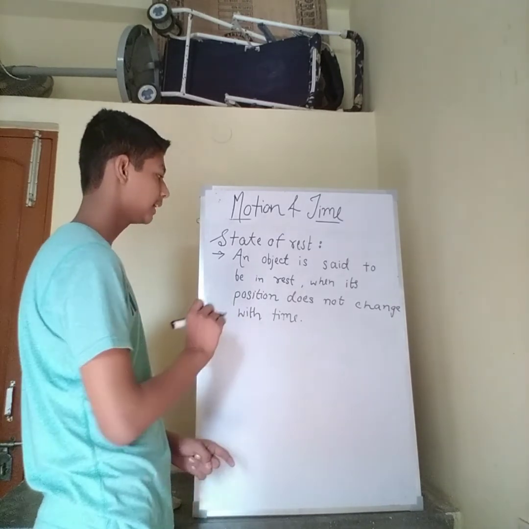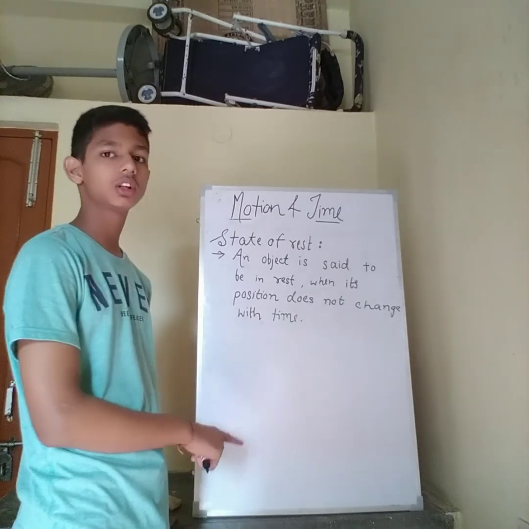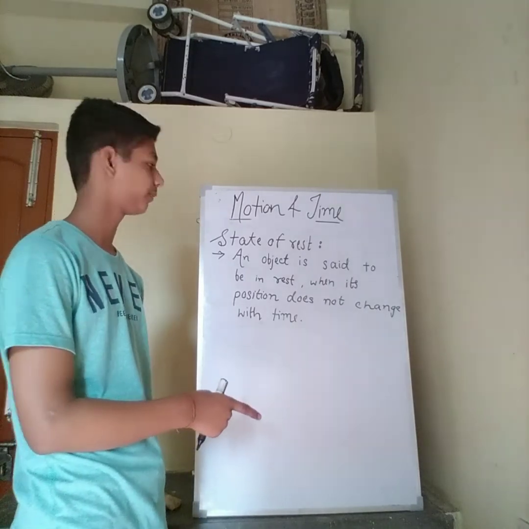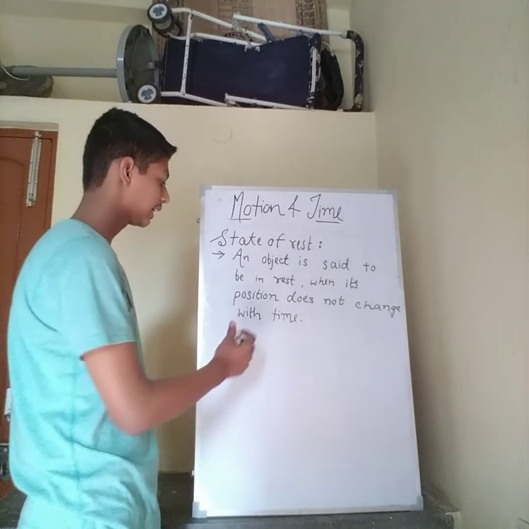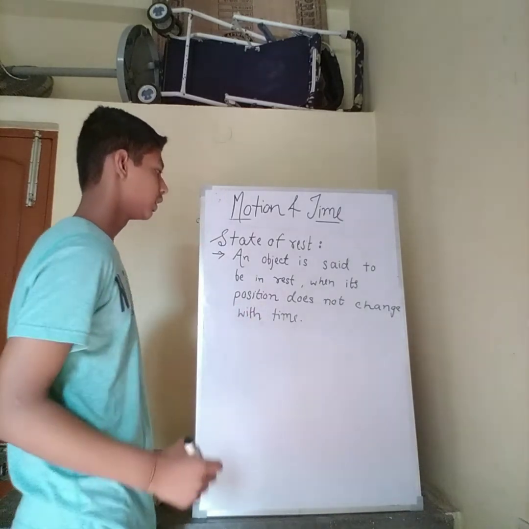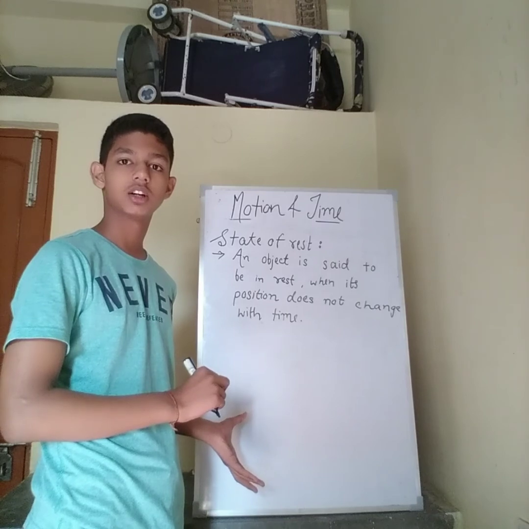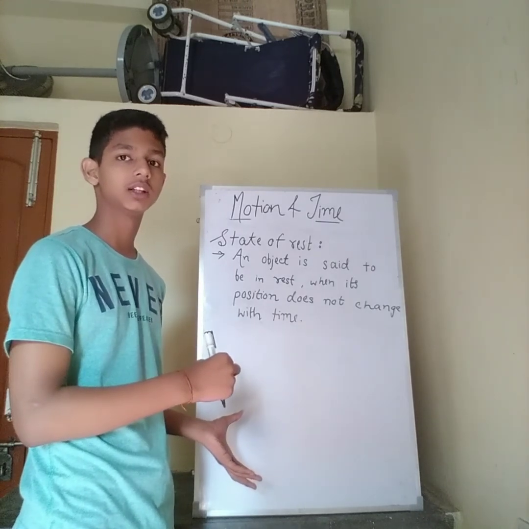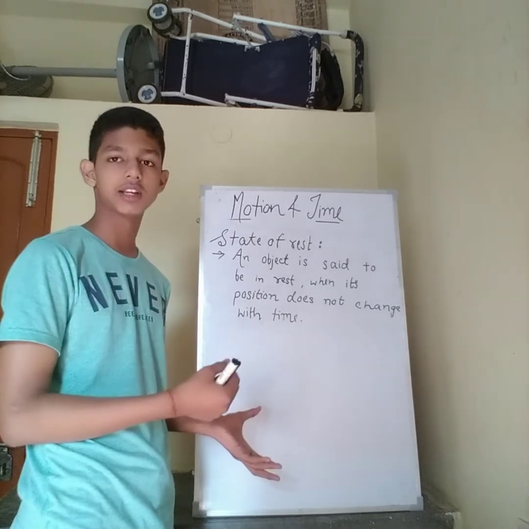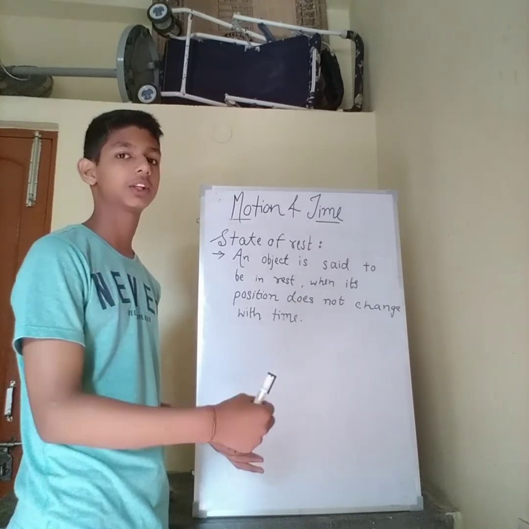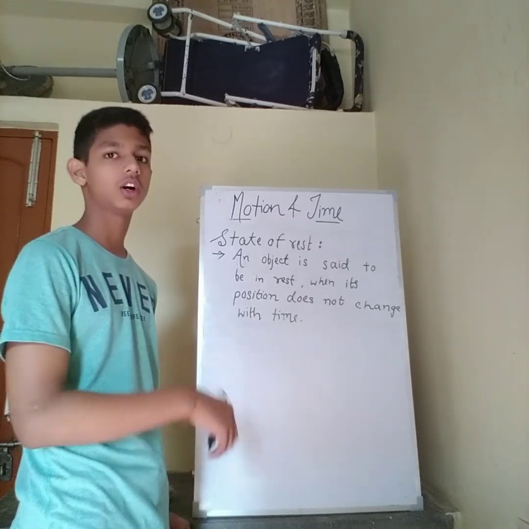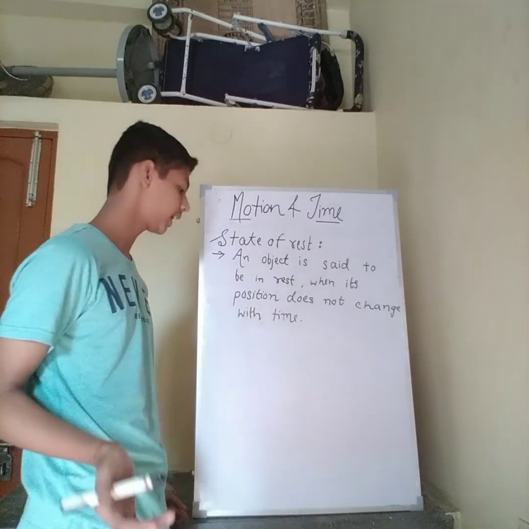Okay, means the position of the book doesn't change at all. We can say that here the book is at rest, or the book has the property of state of rest with respect to the table or the room.